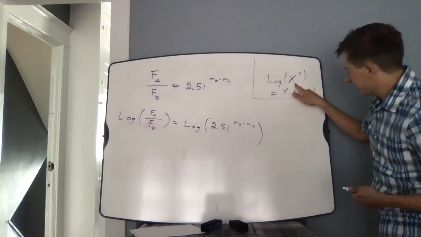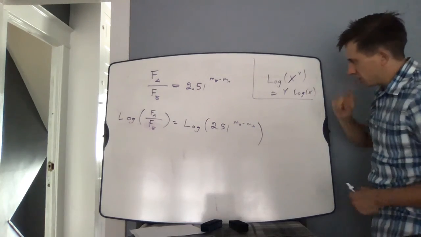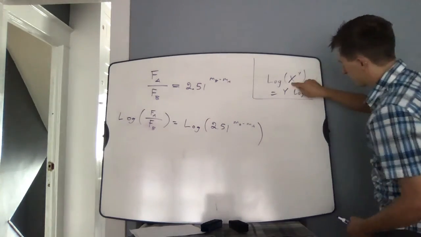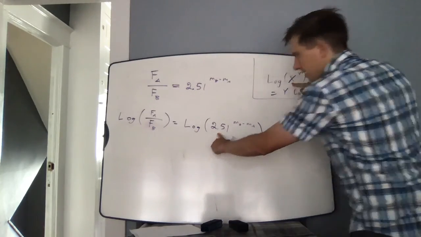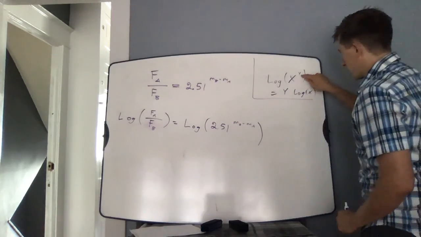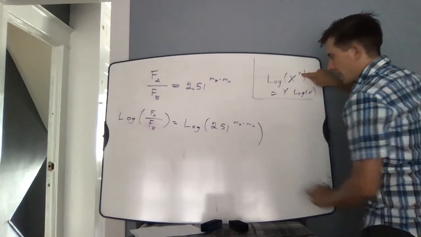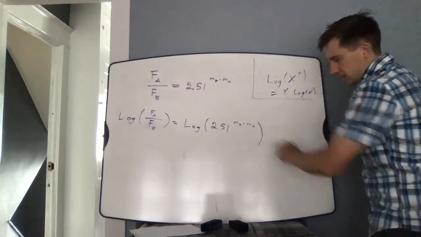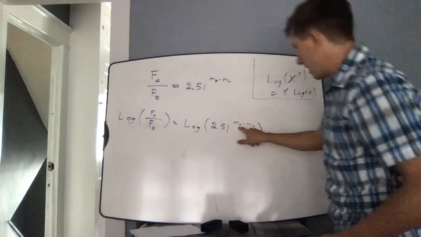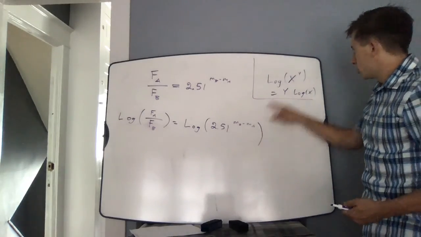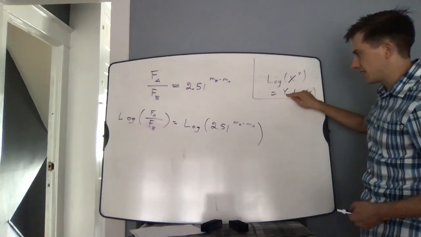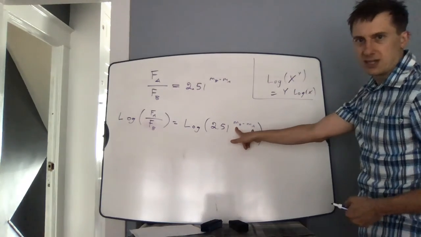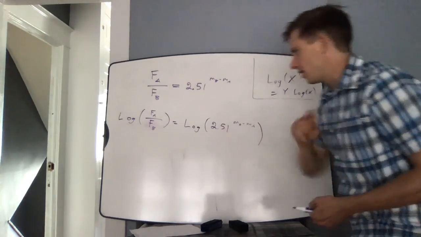Now, if I look at this, I could say downstairs here is x, which is 2.51, and upstairs, the exponent, is y, which is this entire thing, MB minus MA.